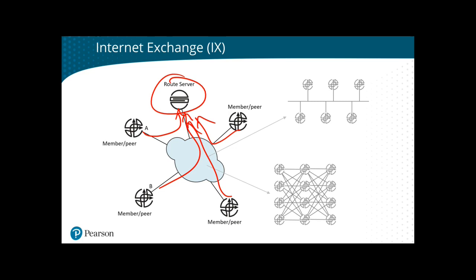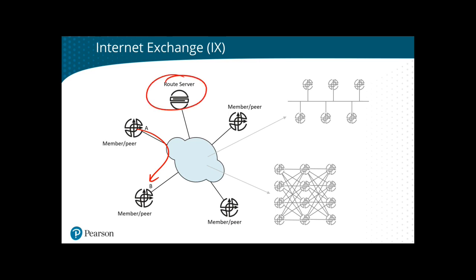And then if you want to exchange routes, say between A and B, rather than building a BGP peering session, you would simply go to the route server and say, turn on or turn off filtering between our BGP speakers, so that now routes are carried up to the route server and down to the other BGP speaker. So this helps scale these peering points in a very rational and very good way.